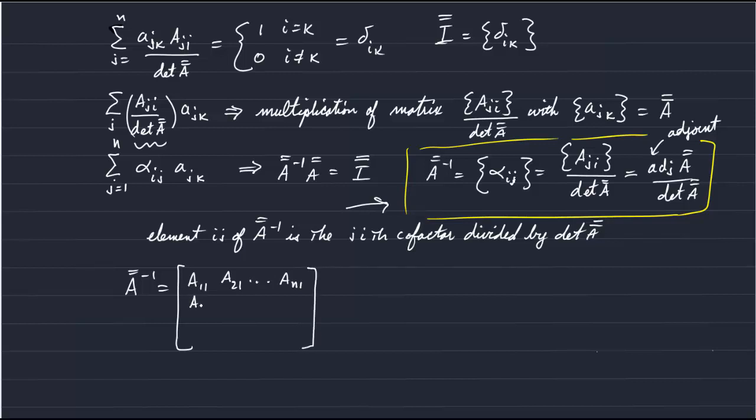And likewise, the element in the second row first column is the cofactor 1 2. And the element in the nth row first column is the cofactor 1n. And that's all divided by the determinant of A.